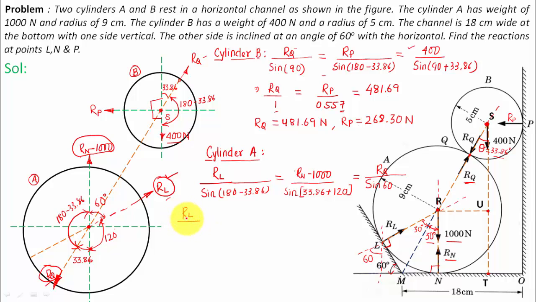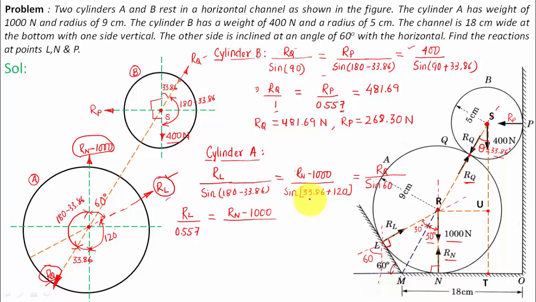RL over sine of 180 minus 33.86. So 180 minus 33.86 will give you how much? This is going to be equal to 146.14. Sine of 146.14 is going to be equal to 0.557, and it's going to be equal to Rn minus 1000 divided by sine of 33.86 plus 120.